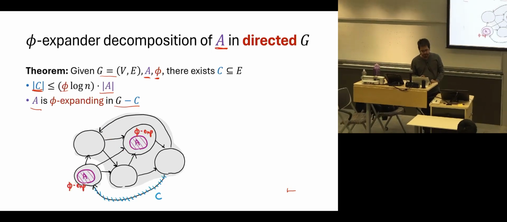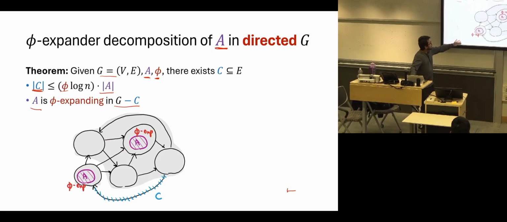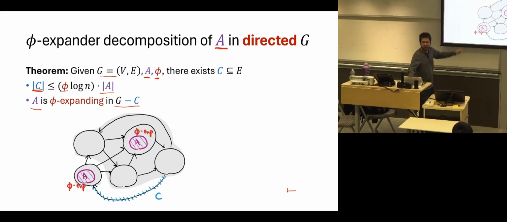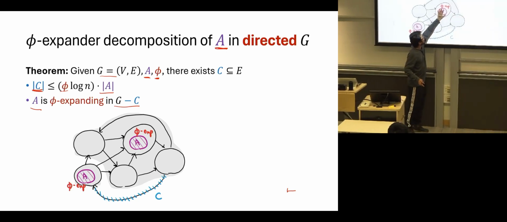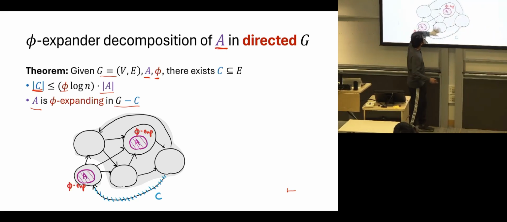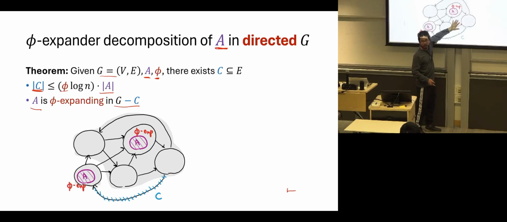So this is one example of an expander decomposition with respect to A. Because A here is expanding in this component. Although the whole thing here is not expanding, A is expanding.